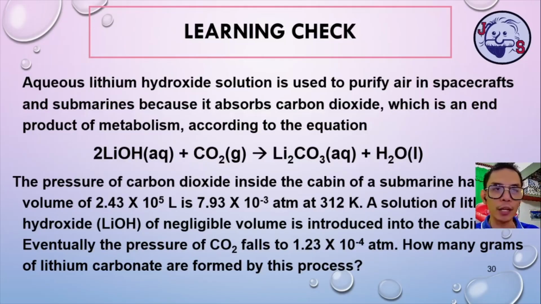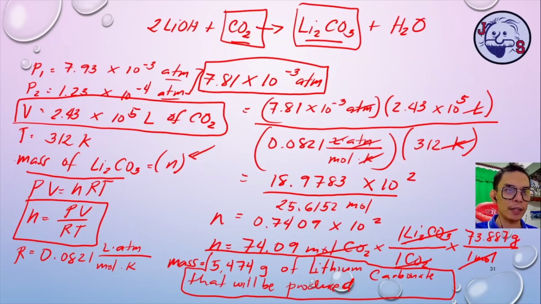Before you calculate, make sure that the variables correspond to the converted units following the R of your ideal gas law. So this is the answer: 5,474 grams of lithium carbonate will be produced in the process. That is the 5th problem for the ideal gas.